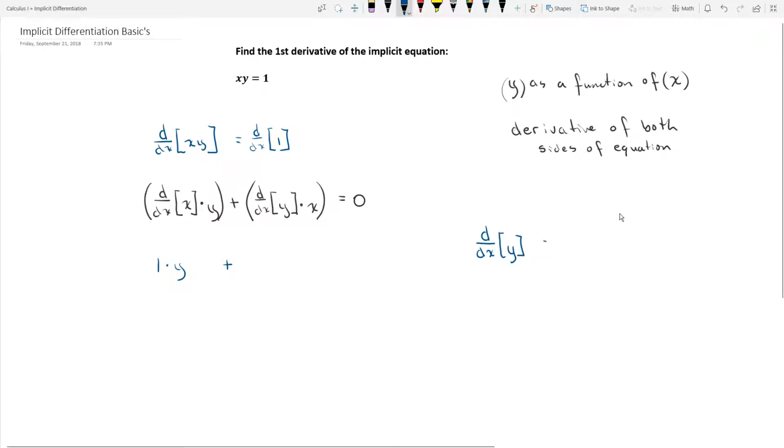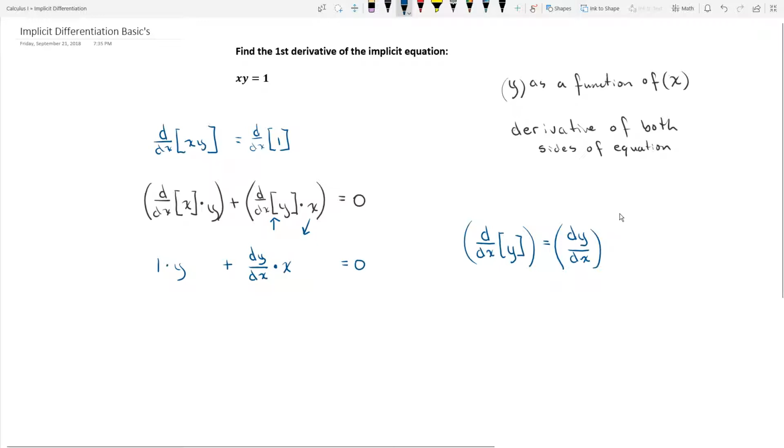And what's interesting is that this is literally just the derivative of y with respect to x. These are equal. That's what this says. So what we're going to end up with is just dy, derivative of y with respect to x, bringing this down, so multiplied by x equals 0.